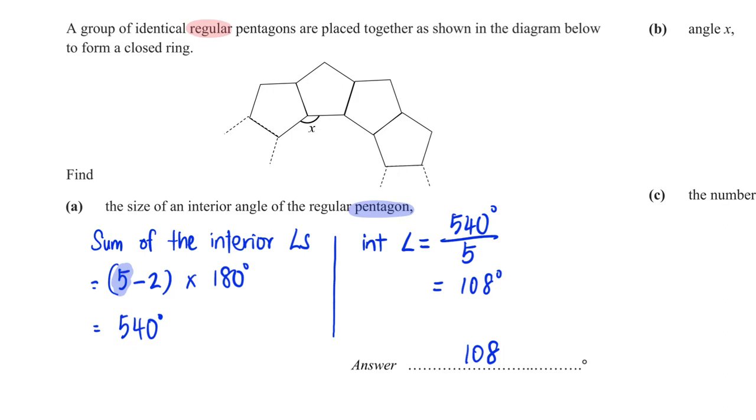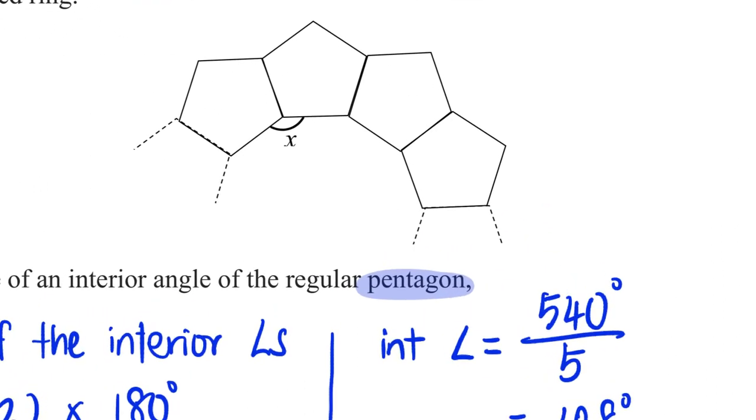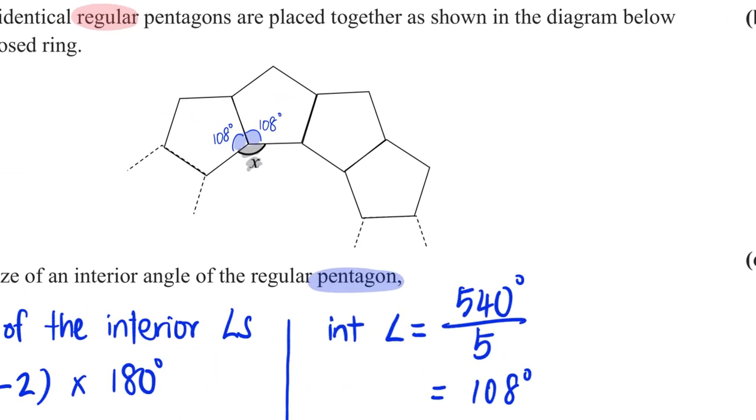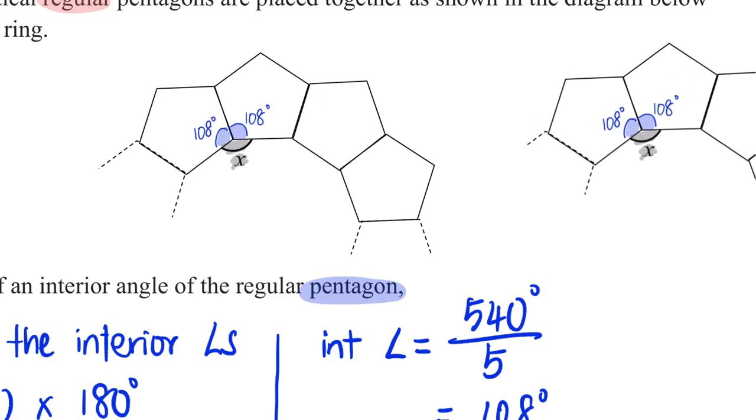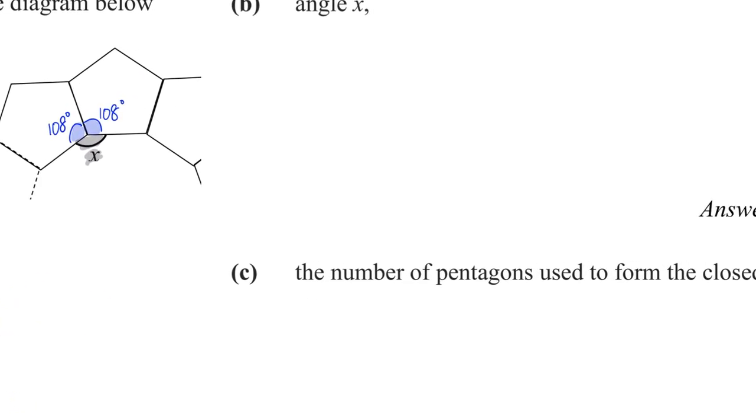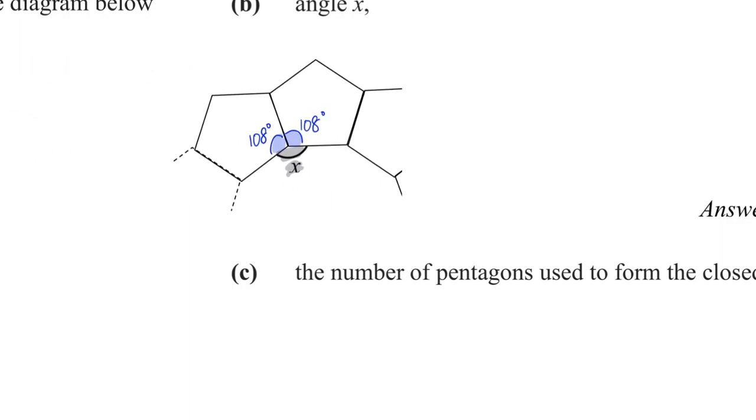Find angle X. Now that we know the interior angle, this is 108 degrees, this is also 108 degrees. So X is pretty straightforward, isn't it? Right? So in this case, for my X, I'm going to just take a screenshot here and come over so that it's easier for us to refer to.